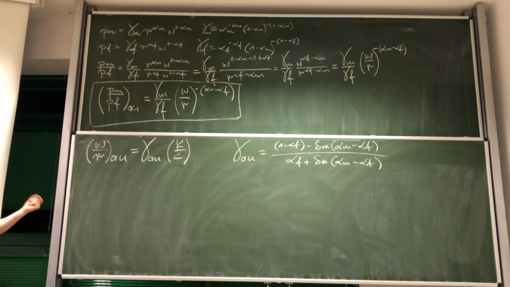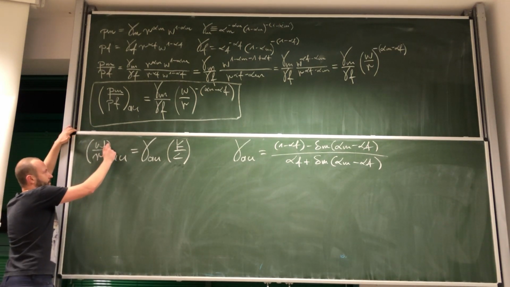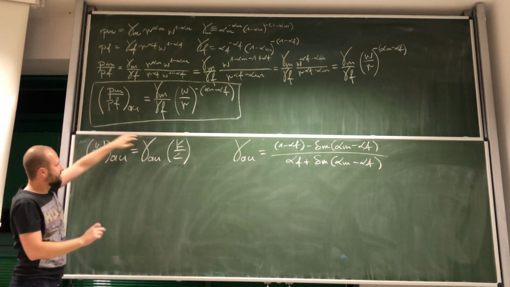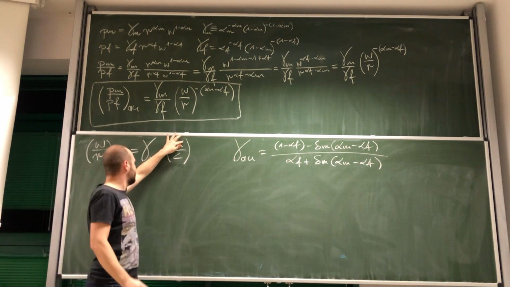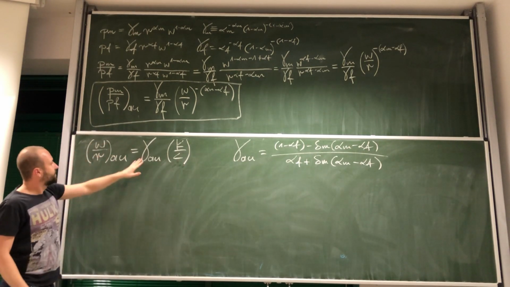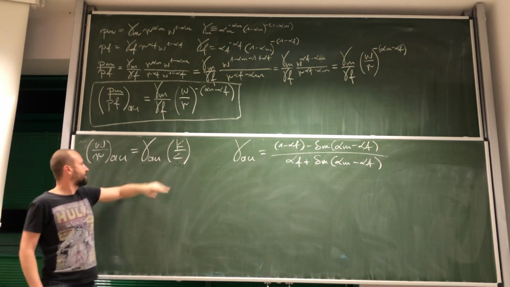Just let's think about this for a second. Look, wage is a positive number, rent is a positive number, capital, positive number, labor, positive number. So look, this tells us that this must be positive, this must be positive.